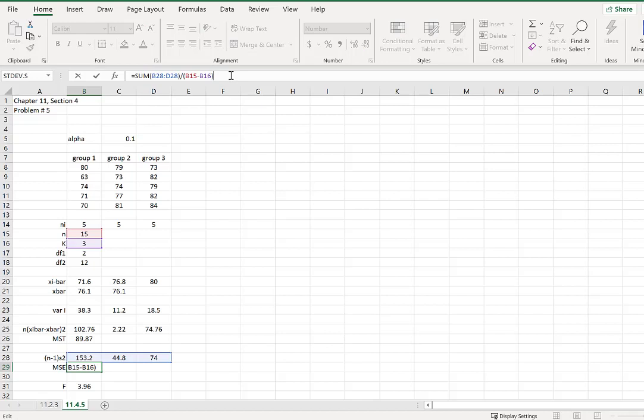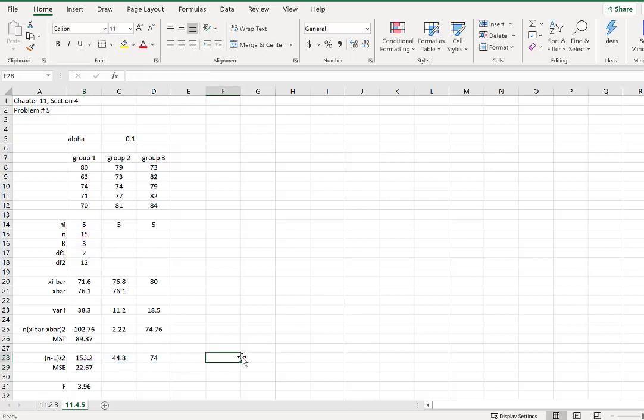So I'm summing that row, and dividing that by the quantity of n in red minus k in purple, so from B15 minus B16, dividing that into the sum I just mentioned. That gives me the value of 22.67.